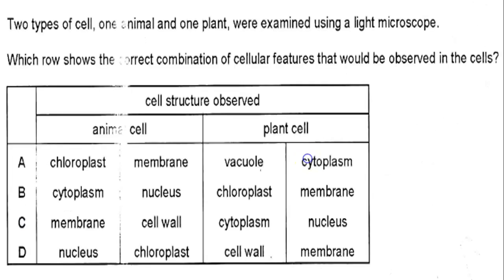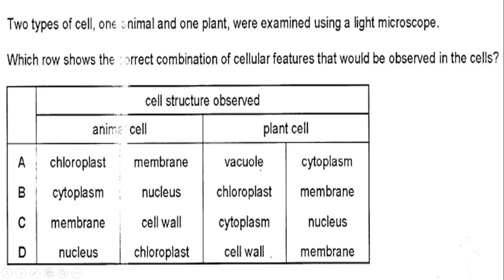Okay, another question. Two types of cell, one animal and one plant, are examined using a light microscope. Which row shows the correct combination of cellular features that would be observed in the cell? So now we need to remember which cell organelles can be seen under the light microscope.